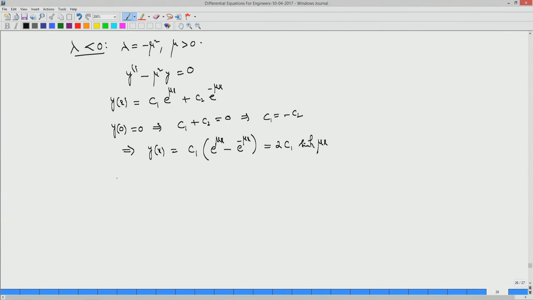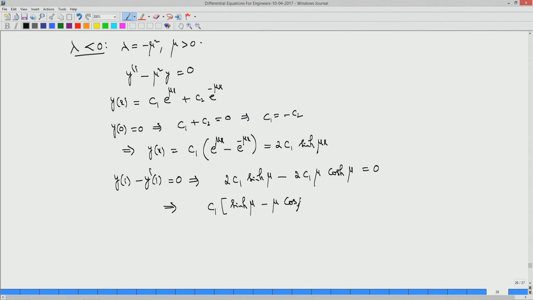Now you apply the other boundary condition, y at 1 minus y dash at 1 equal to 0. This will give me 2 C1 sine hyperbolic mu minus 2 C1 mu cos hyperbolic mu equal to 0. 2 cannot be 0, so C1 times (sine hyperbolic mu minus mu cos hyperbolic mu) has to be 0.